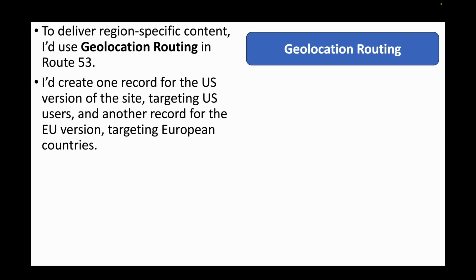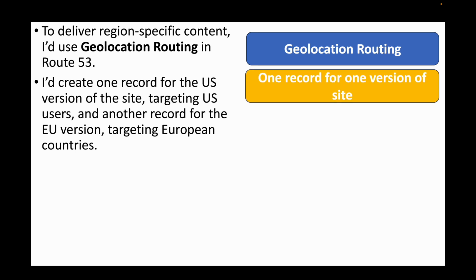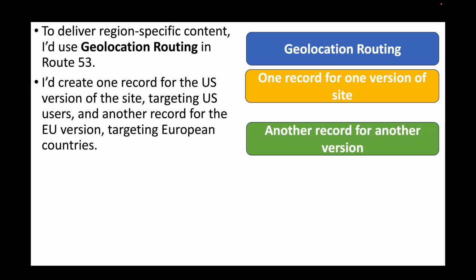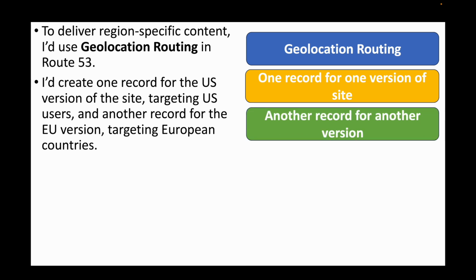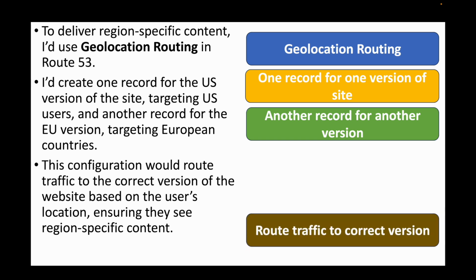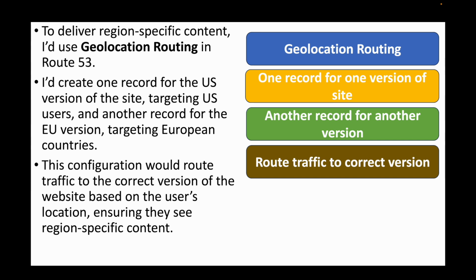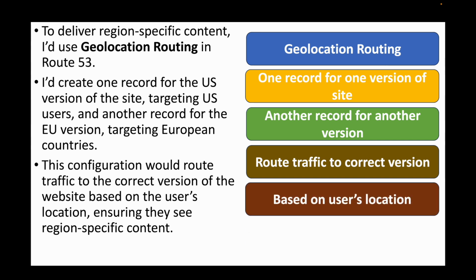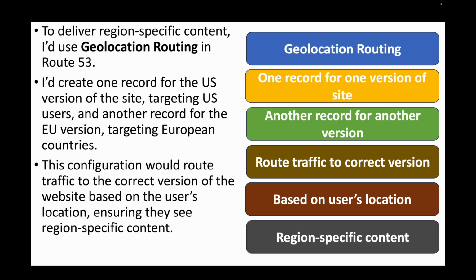You'll be creating one record for the US version of the website, which is targeting the US users. You'll be creating one more record for the EU version of the website, and this will be targeting the European countries. This configuration will route traffic to the correct version of the website based on the user's location, and this will ensure they get region-specific content only.